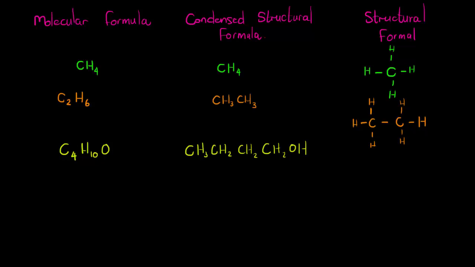And then our structural formula looks like this. We've got our 4 carbons. The first carbon has 3 hydrogens. So you can see once we have this condensed structural formula, it's actually very easy to draw the structural formula. I think some of you might already get how it's done.